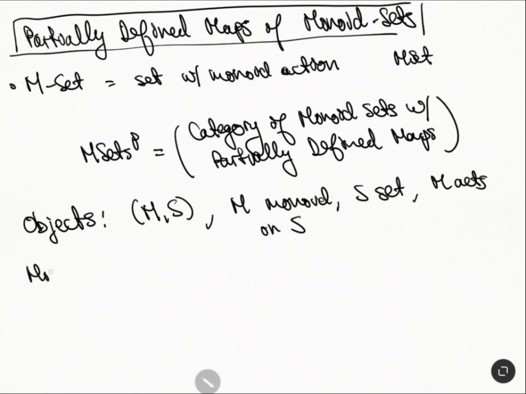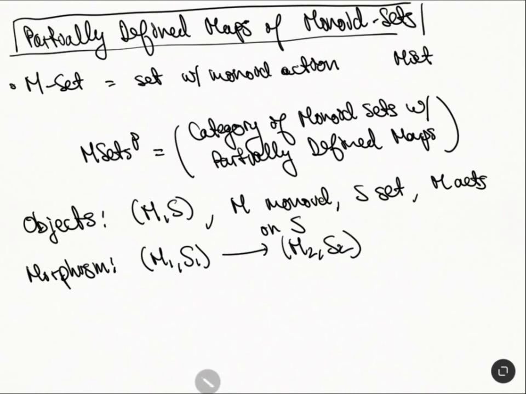And then a morphism here from (M1, S1) to (M2, S2). Maybe let's write this with a dotted line actually.